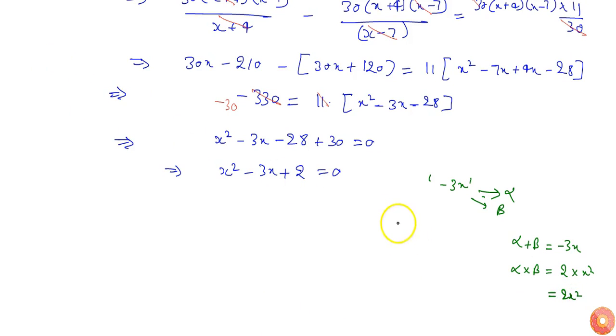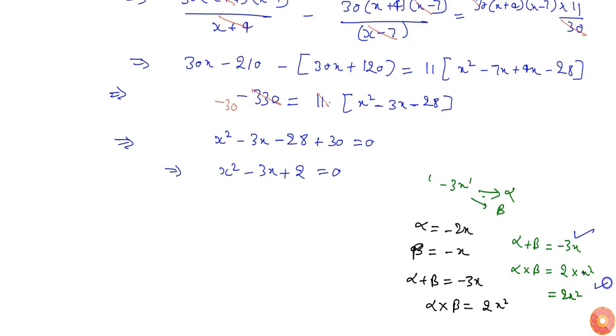So if I take alpha equals to minus 2x and beta equals to minus x, then alpha plus beta will be minus 3x, and alpha into beta will be minus 2x into minus x will be 2x squared. That means the considered values of alpha and beta satisfy the condition.